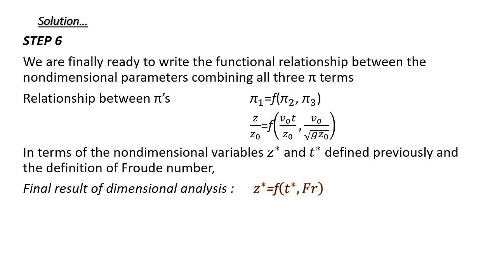In terms of the non-dimensional variables z star and t star defined previously, and the definition of the Froude number, the final result of the non-dimensional analysis is that z star is a function of t star and the Froude number. So we got the non-dimensionalized expression, and this is how we have to solve the problems.